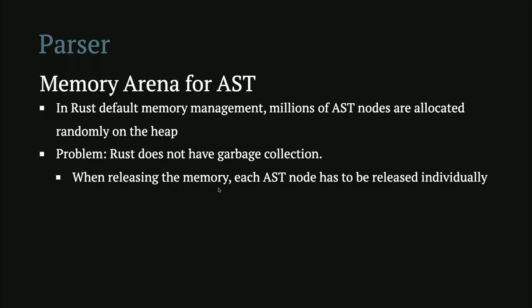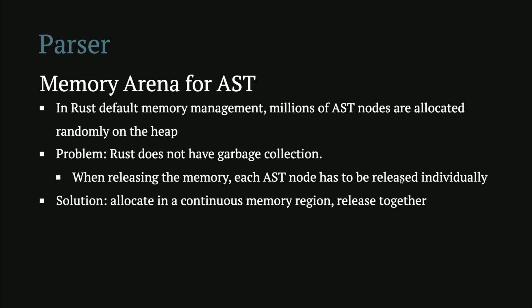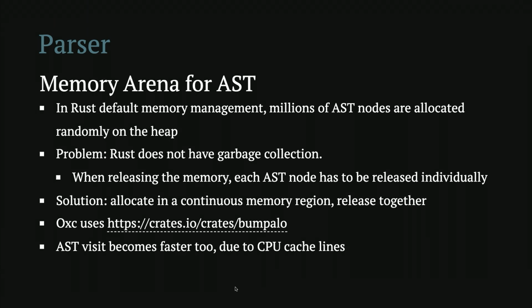And when you release the memory in Rust, they have to be released individually, which is also slow. So the solution is to allocate a continuous memory region, put AST nodes in it, and then throw it all away together. This will make the program fast. Oxc uses another library for this procedure. This also makes visiting the AST faster because of CPU cache lines, and this change made Oxc 20% faster than its previous version.